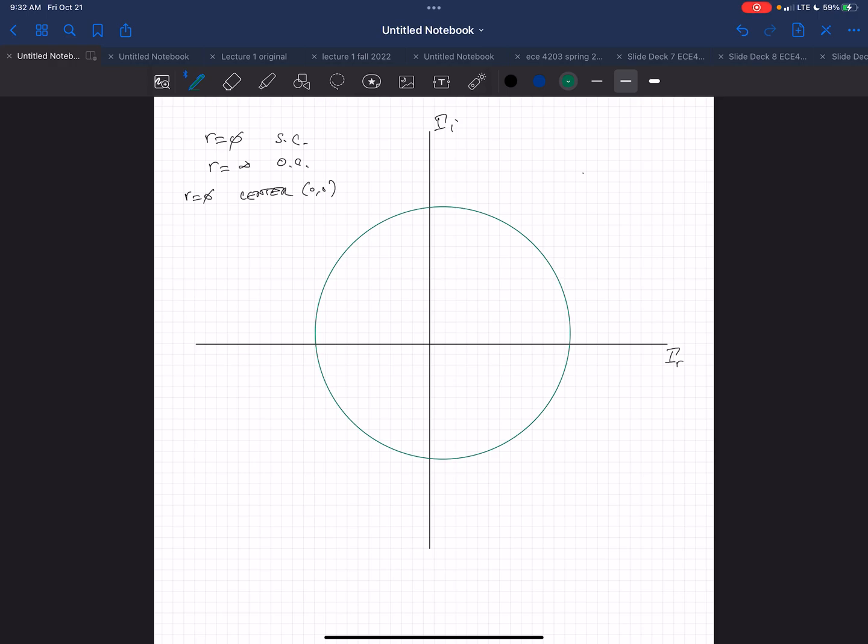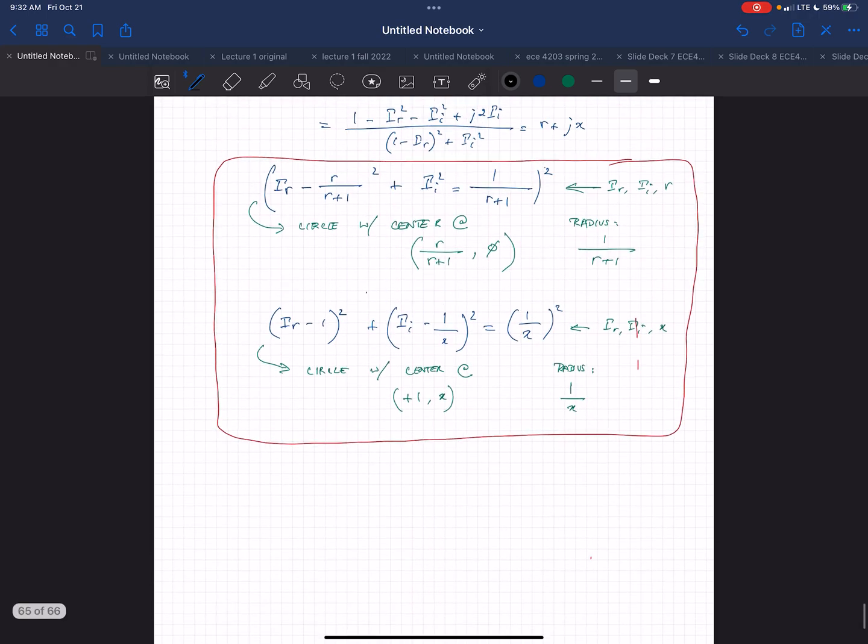And let's say R is equal to infinity, right? So at R equal to infinity, the center is at 1, 0. So if I plug in infinity here, I'd end up with infinity over infinity, or 1.